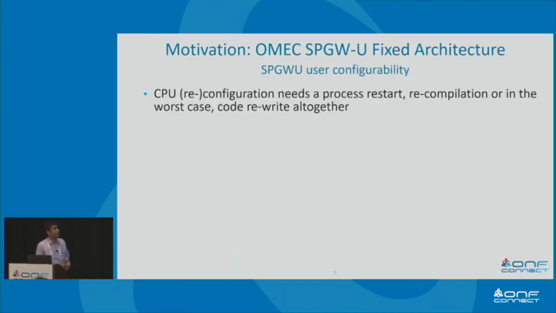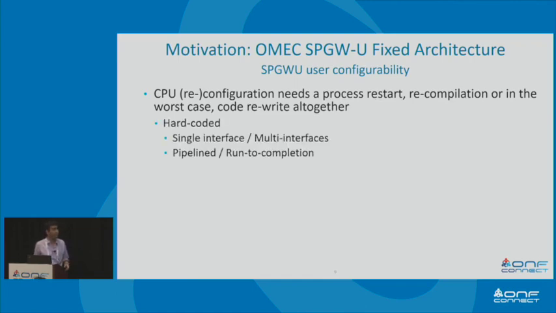The other issue with the current release is that the configuration of any component of the SP Gateway user plane needs at least a process restart or recompilation of the code, or in the worst case, the rewriting of the code itself. For example, the current implementation is designed to have 2 interfaces, S1U and SGI.